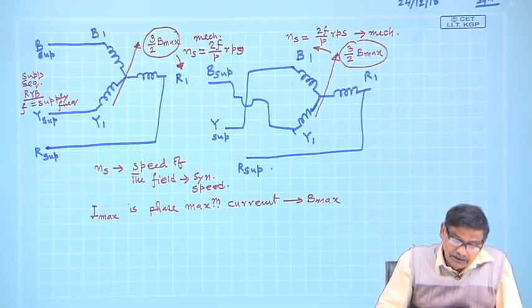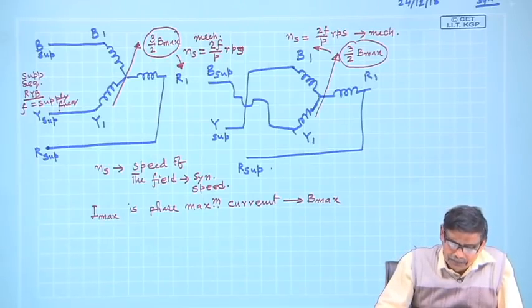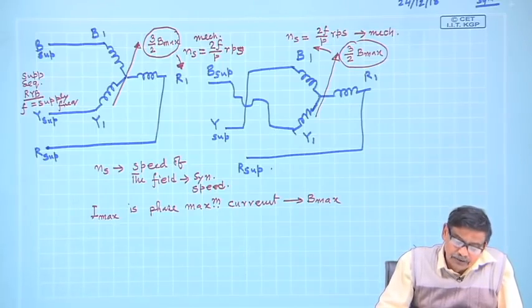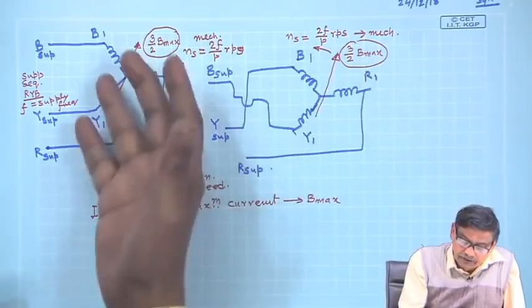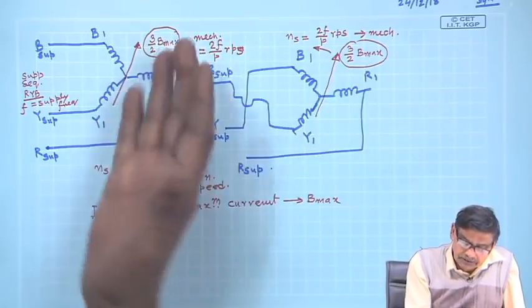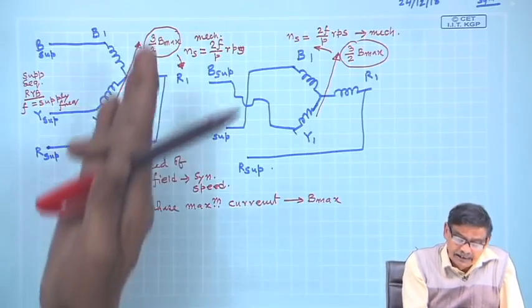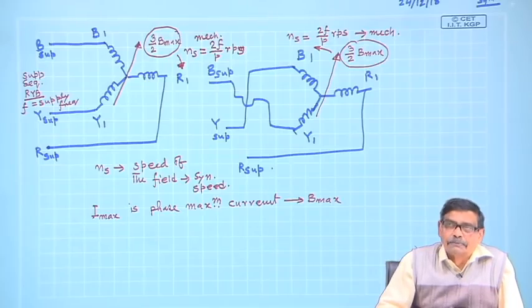Achha, now one important thing I will tell. Suppose right at this time it is rotating after all. In one of the cases you consider, suppose it is rotating. Right now, where is that resultant field? I cannot see that resultant field, nothing.